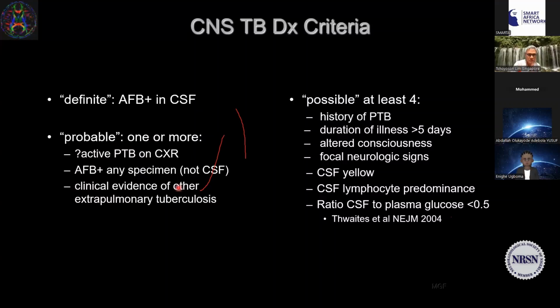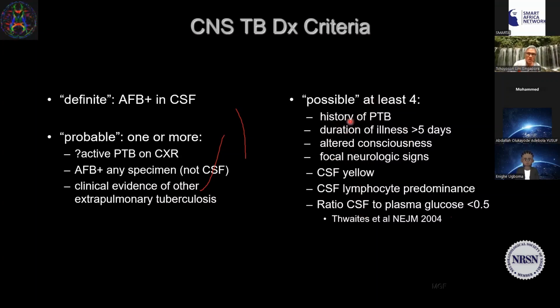And of course, if there is highly suspicious TB of the urinary tract or the gut, that is also very helpful that the meningitis we're dealing with is probable TB. If we don't have any of those, possible TB would have to have at least 4 of the following.